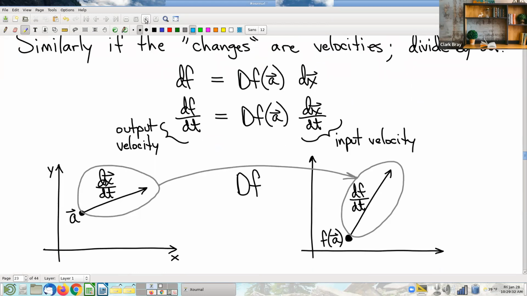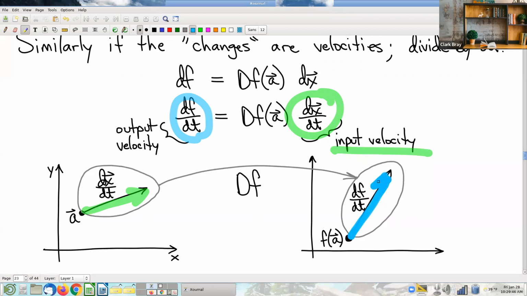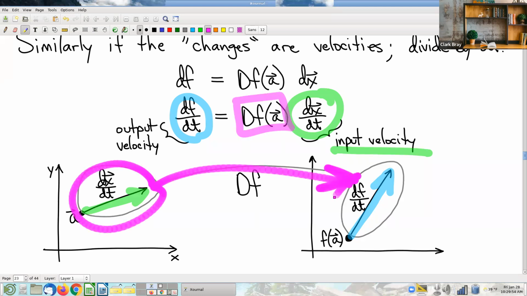then you can reinterpret this, and this is a nice interpretation, that df is the relationship between the velocity that I'm moving with in the domain, and the velocity that I'm moving with in the target. So again, it's the same story. This df is still what takes that vector and returns that vector.